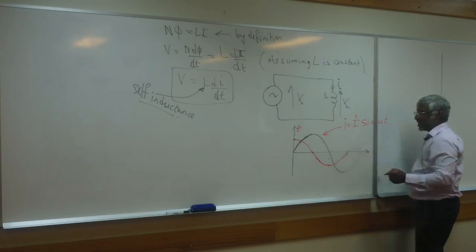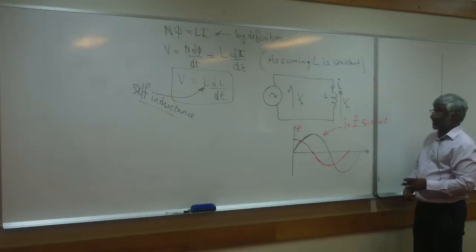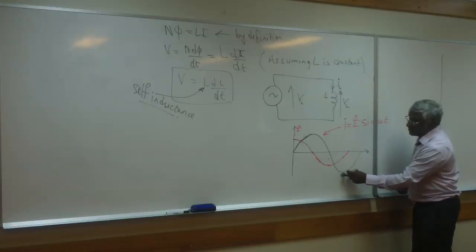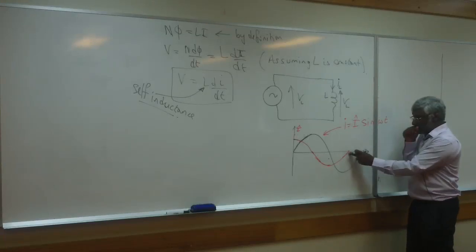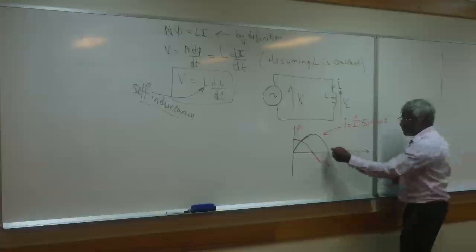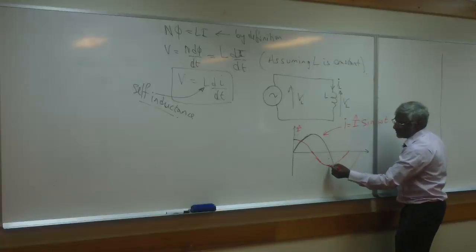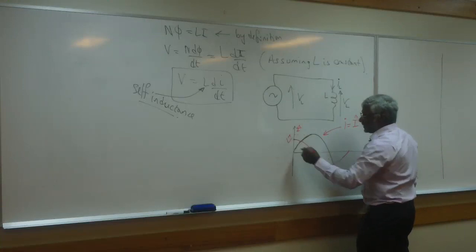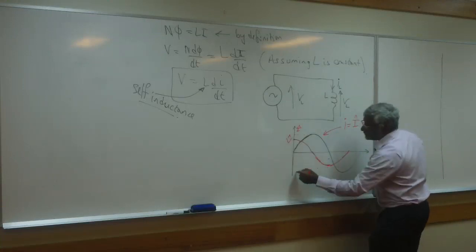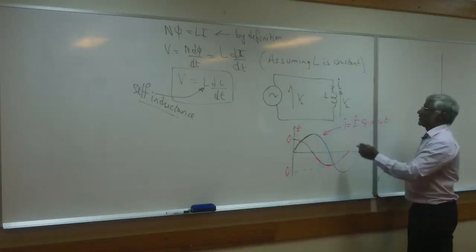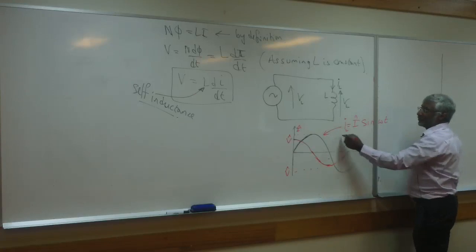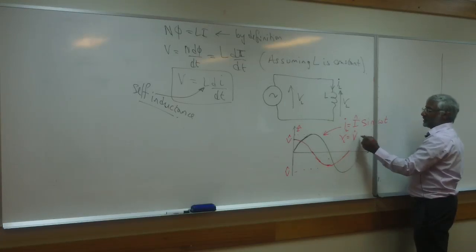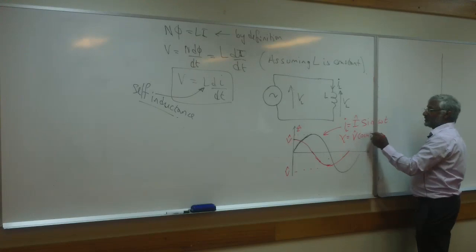And you can see everything makes sense. You have here slope is 0, so you get 0 voltage. Here slope is maximum negative, so you get maximum negative there. So that will be the peak of the voltage. Peak of the voltage there. So that's a current, and the voltage VL, therefore, is the peak of the voltage times cosine omega t.